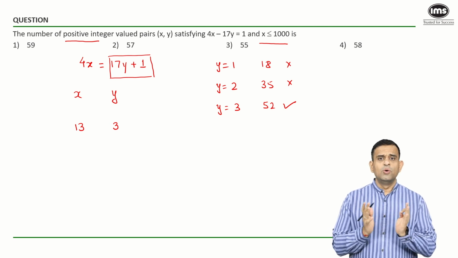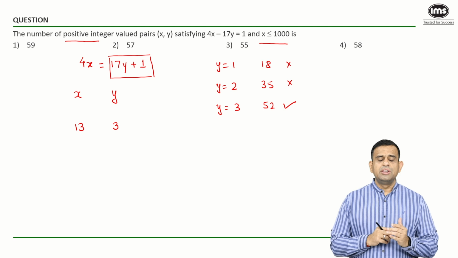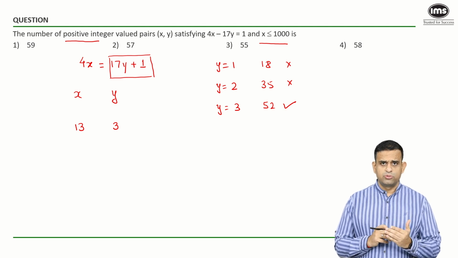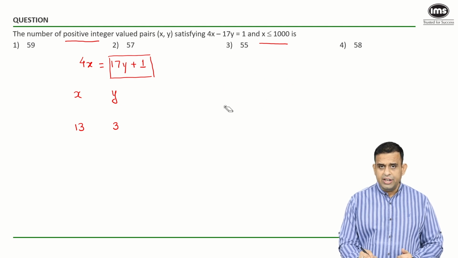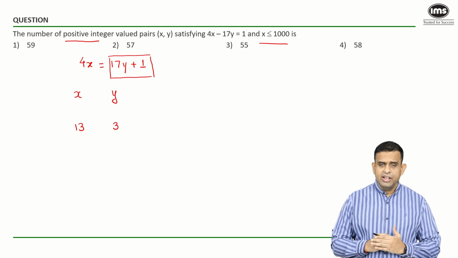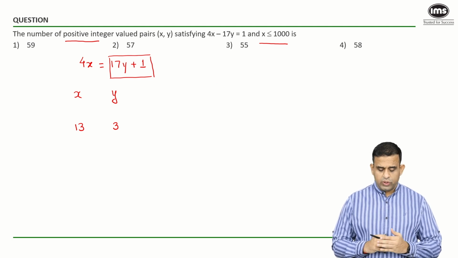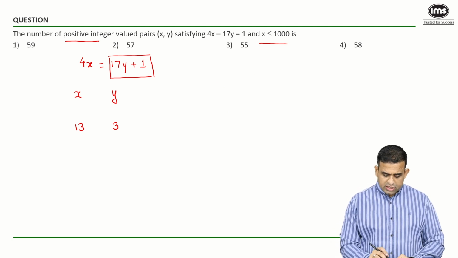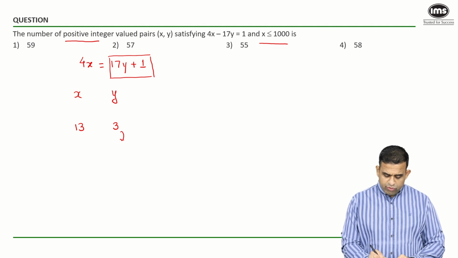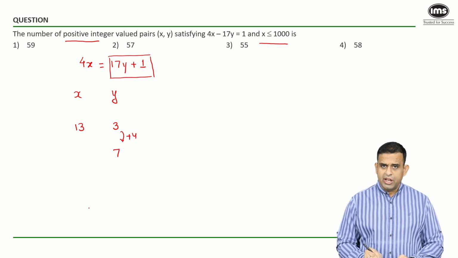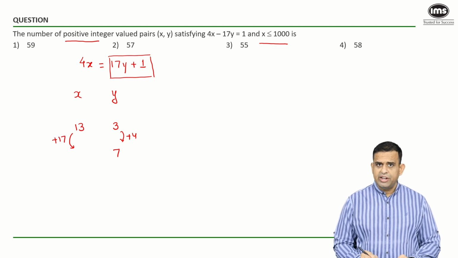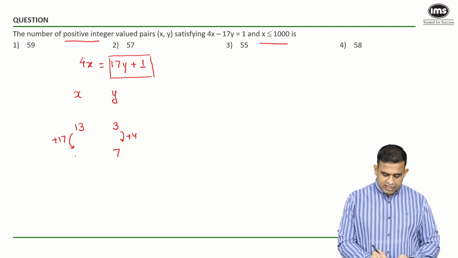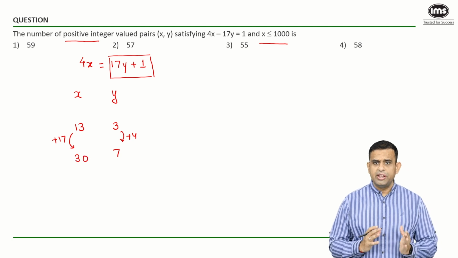Now what happens once I find one possible solution? We have to look for some sort of pattern, and the pattern would be: if the value of x is increased by 17, the value of y will increase by 4. You can try it out: if I increase the value of y by 4, which makes y equal to 7, the corresponding value of x must increase by 17. So the next possible solution is (30, 7).